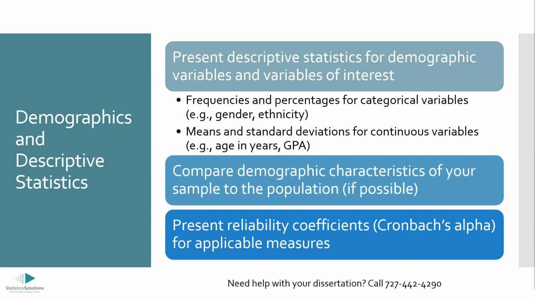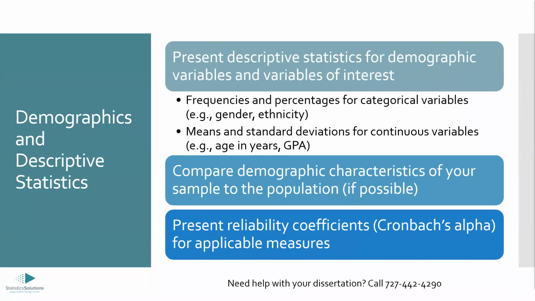And typically, if you have categorical variables such as gender or ethnicity, you'll want to report frequencies and percentages for those. And if you have continuous variables such as age in years or GPA, then you can report means and standard deviations for those types of variables.